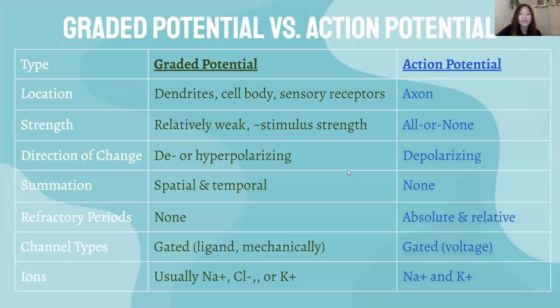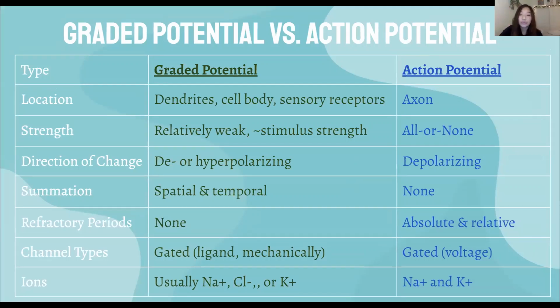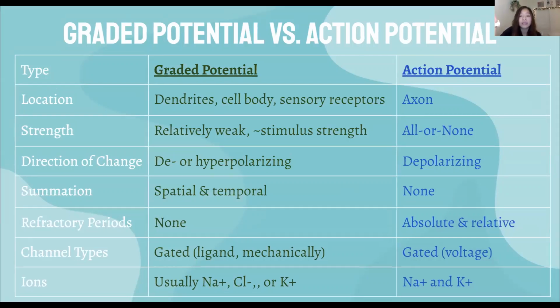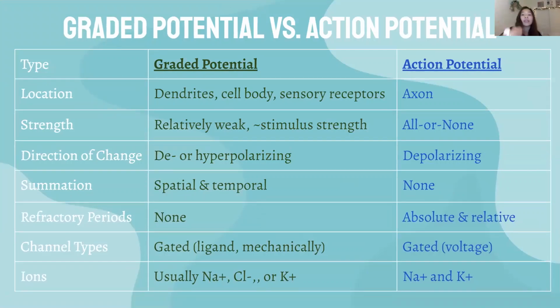All right, and for action potentials, these only occur on the axon, and it's either all or nothing. The direction is going to be depolarizing, so it only goes in one direction, and there is no summation. Once there's an action potential, like I said before, it's all or nothing.